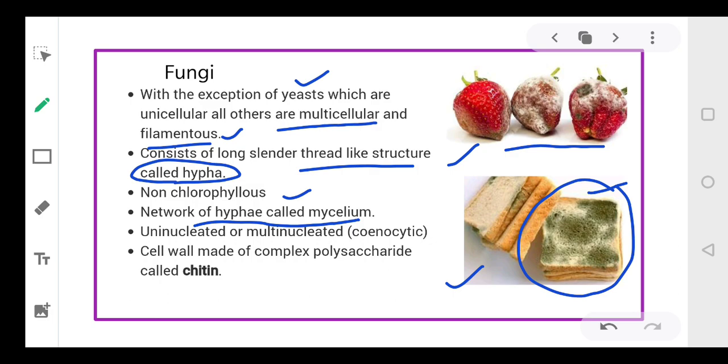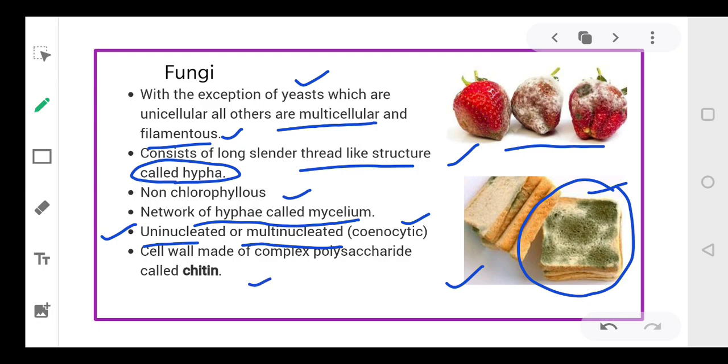Sometimes these hyphae form continuous tubes, and they are either uninucleated or multinucleated. Then in that case, this is called cenocytic hyphae, right?